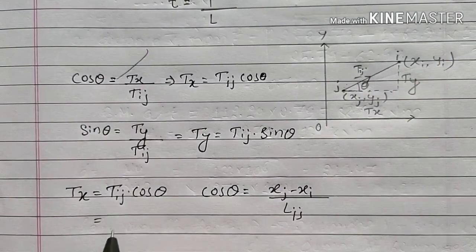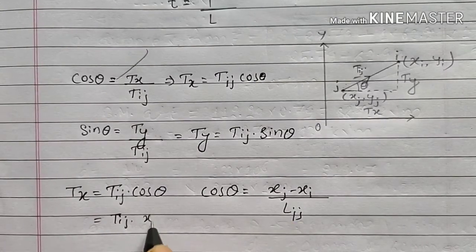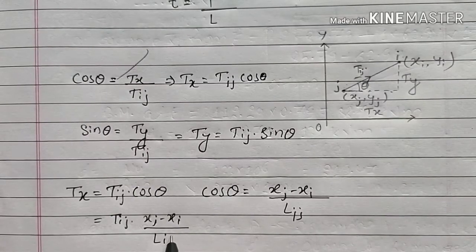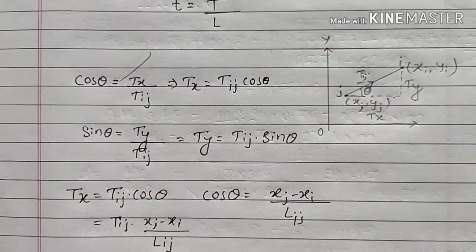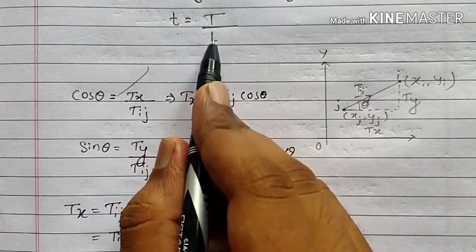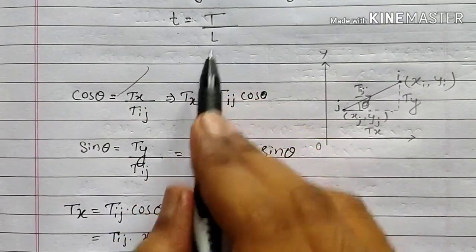So we can write Tij times cos theta equals Tij times xj minus xi upon Lij, and we have from the definition of tension coefficient that small t equals capital T upon L, where T is the tension and L is the span.